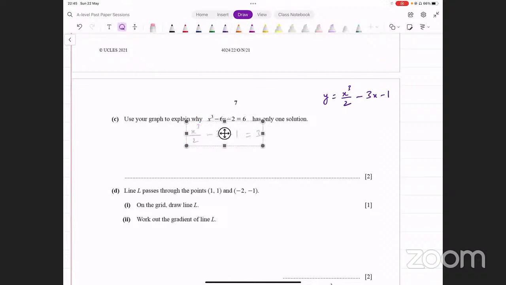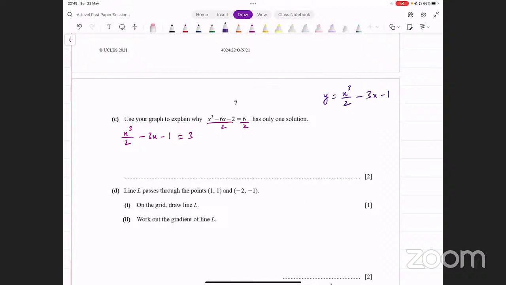So basically you have to look at one side and make it equivalent to the graph you have drawn. That is what I'm doing: I'm dividing the whole equation by 2.